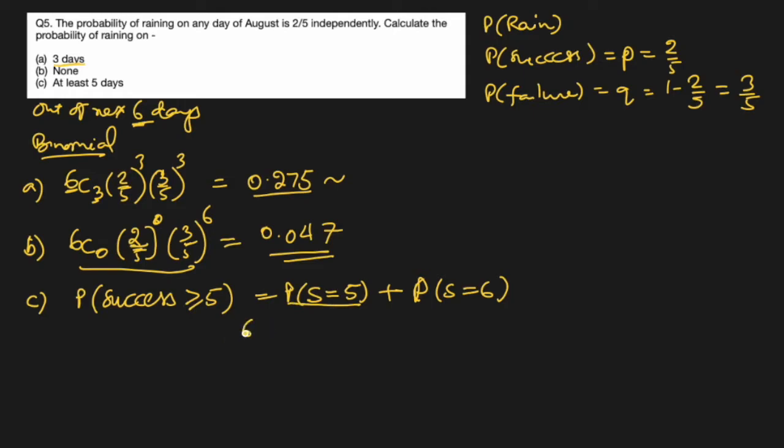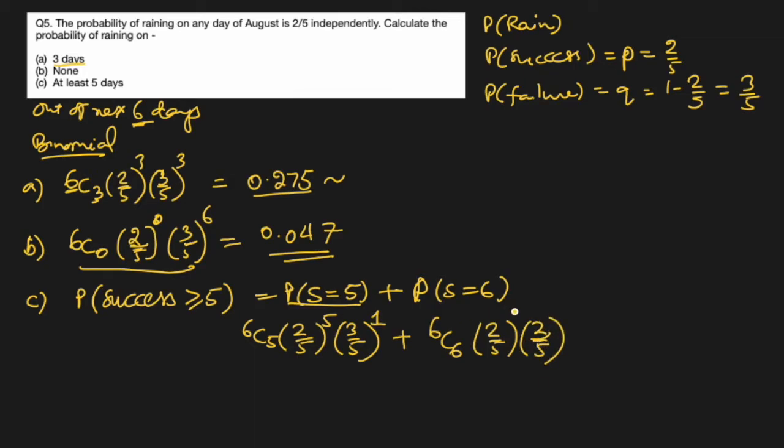So this will be 6 C 5, 2/5 to the power 5, failure is on 1 day. Or all 6 days it rains and 1 day it does not. It will be 6 here and 0 here.